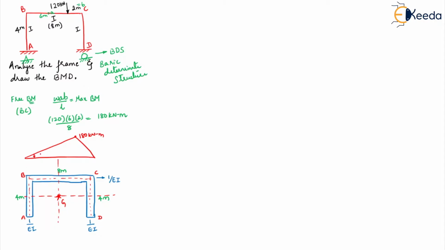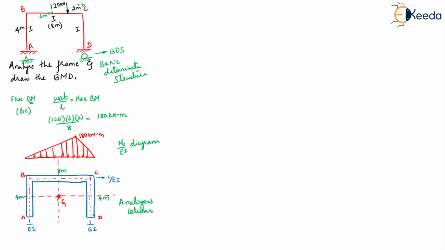So on this analogous column, we have a triangular loading with maximum under the point load. Okay. So this is your analogous column and this is your Ms by EI diagram.